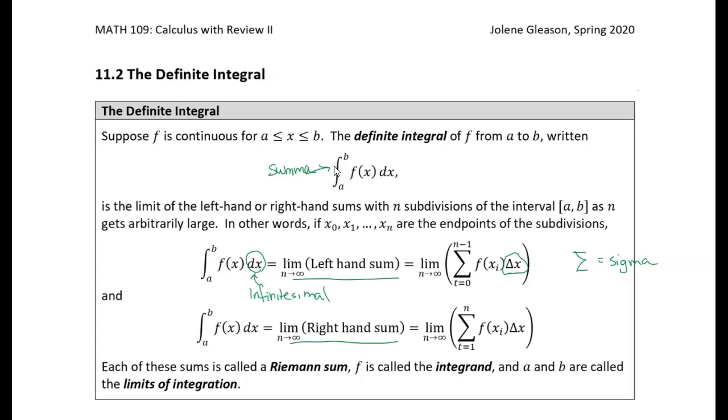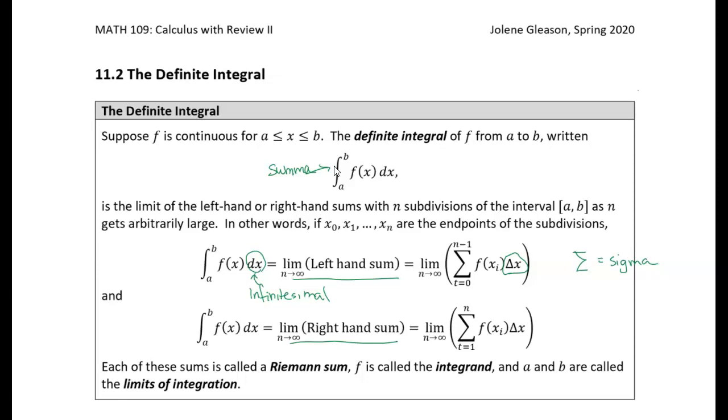The delta x corresponds with the dx. It's the infinitesimal difference in x, and instead of a sigma, we're using the summa to indicate a continuous sum instead of a discrete sum.